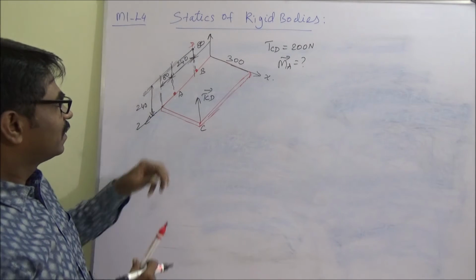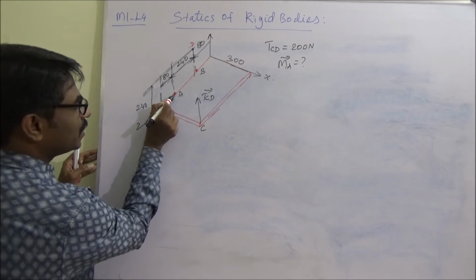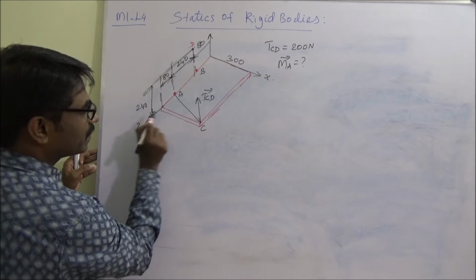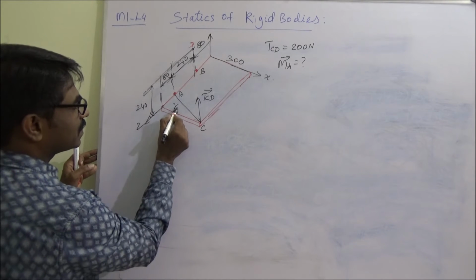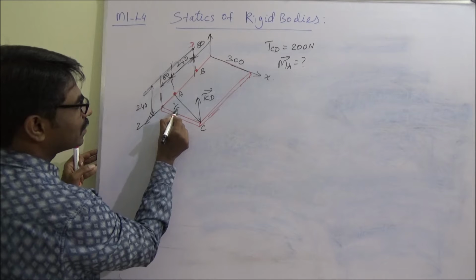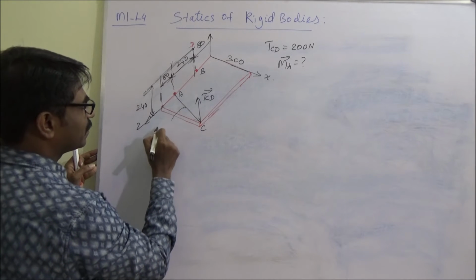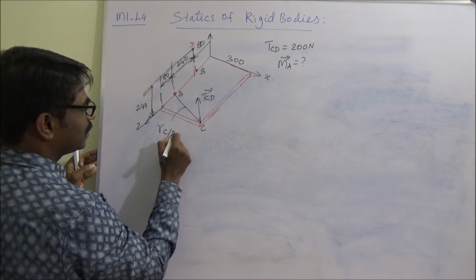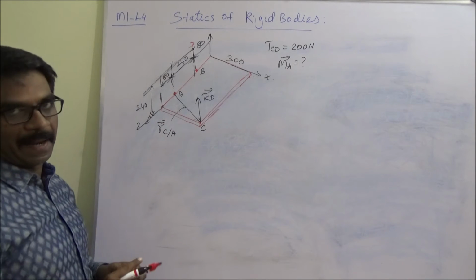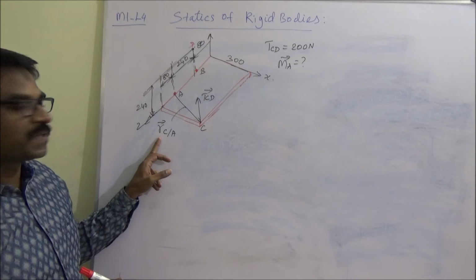You see, the position vector is going to be this. This is RC, I write it here, RC about A. So this is the position vector.